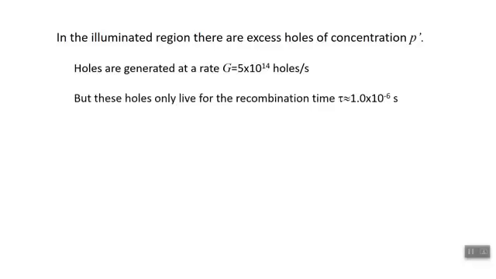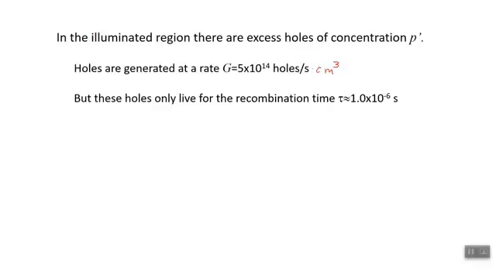Fix that right now. We know also that those holes don't stick around for a long time. They're excess holes, and there are excess electrons, and they find each other roughly every microsecond. So there's a turnover. Yeah, you generate 5 times 10 to the 14th holes per second, but there's a turnover of 1 microsecond where they all get gobbled back up again.